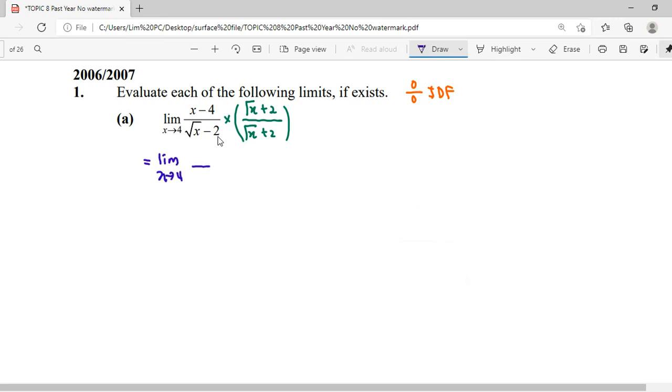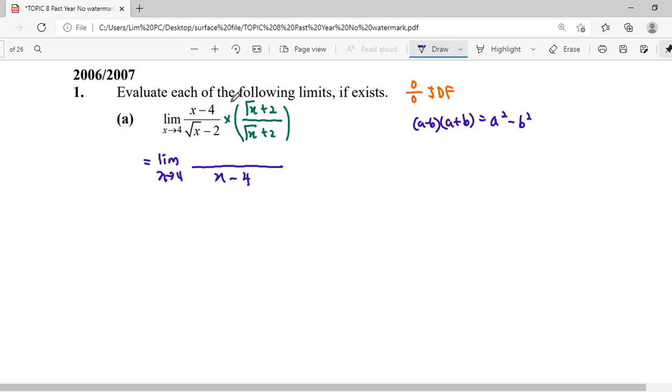Then we simplify the part that has the conjugate. This is a minus b, this is a plus b, and a minus b times a plus b directly gives us a squared minus b squared. So for a squared we get x, and for b squared we get 4.